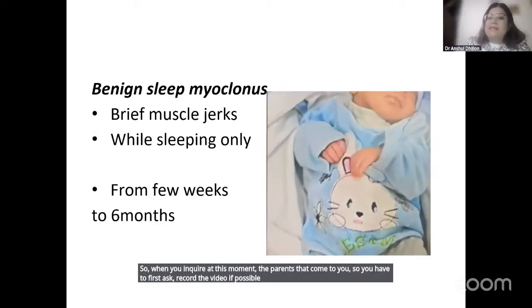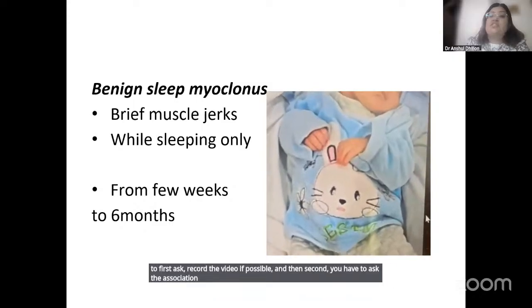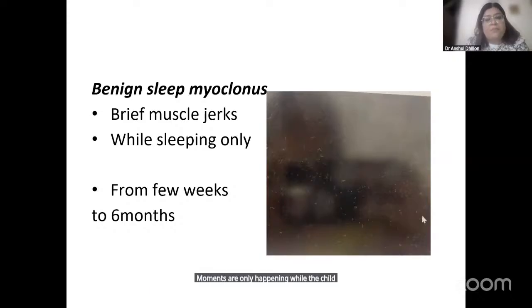When the parents come to you, you have to first record the video if possible, and then second, ask whether these jerks are associated with the child being awake or whether these movements only happen while the baby is asleep.